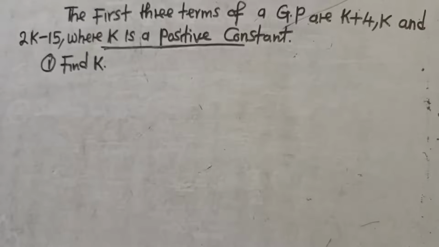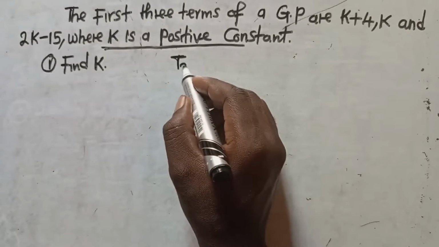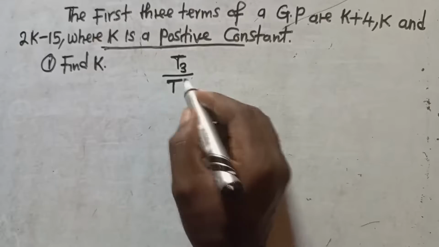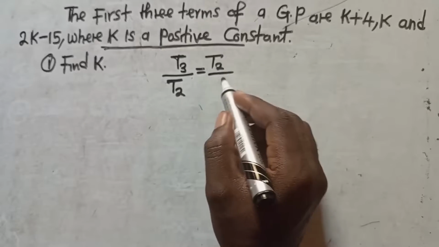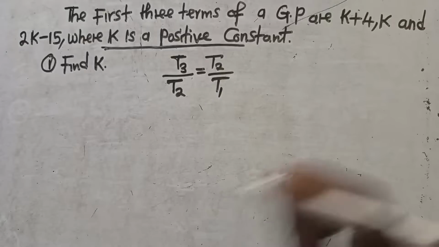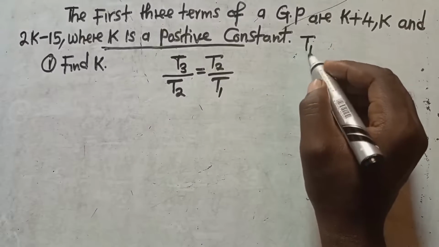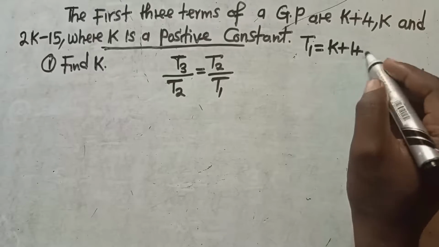So what we are going to do is that we know the formula to use. We say T3 over T2 is equal to T2 over T1. This is the formula we need to use. We have the data: T1, the first term, is k plus 4.